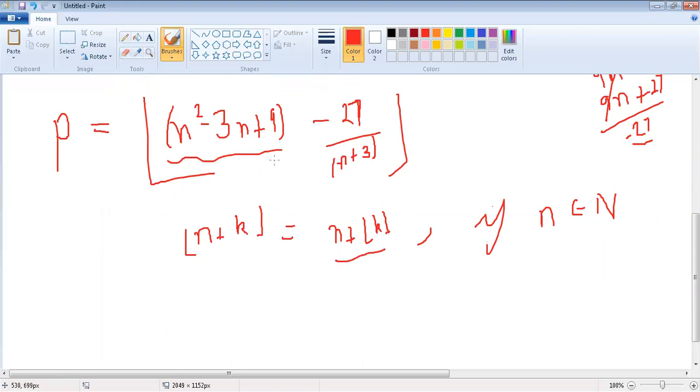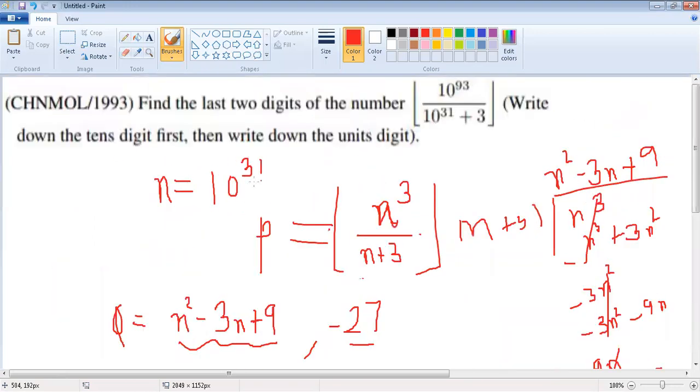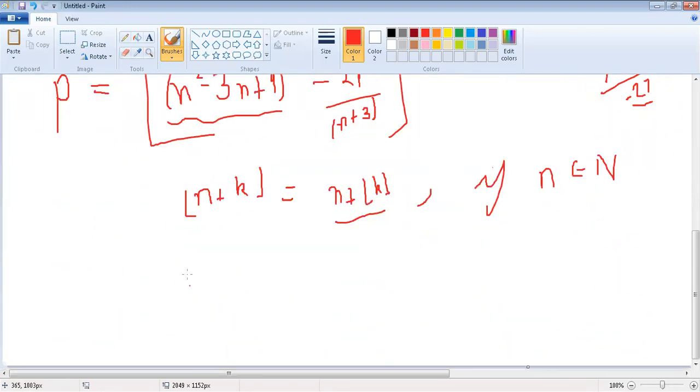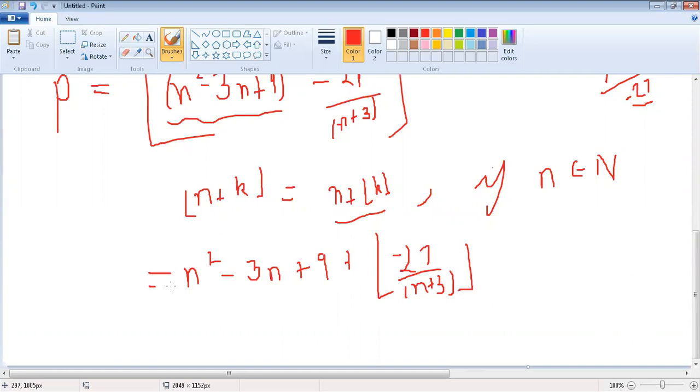This is obviously a natural number as n equals 10 to the power 31. So we can separate this as n square minus 3n plus 9 plus GIF of minus 27 over n plus 3, and this in turn equals p.